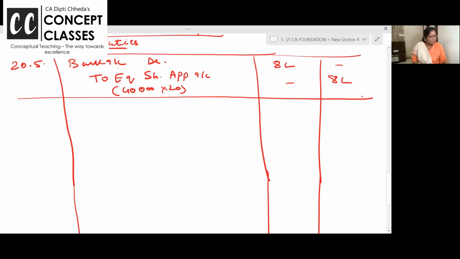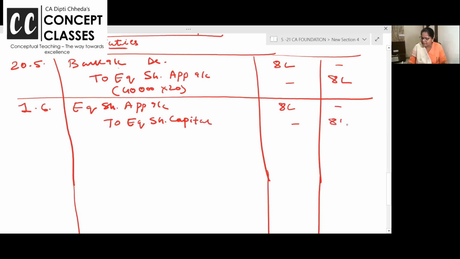Now, allotment was made on 1st June. So on 1st June, we said, okay, your application is accepted, we will allot. So on this date, equity share application debit to equity share capital 8 lakhs, 8 lakhs. Tell me, is it good or not?